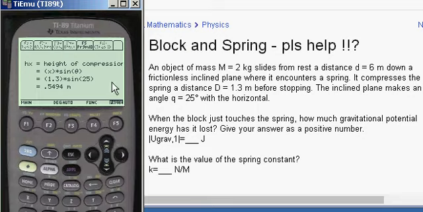and now we get the height of the compression, which is the x value, 1.3 meters times the sine of theta, and that equals 0.5494. Now, you're going to add these two together to come up with a total height of 3 meters.